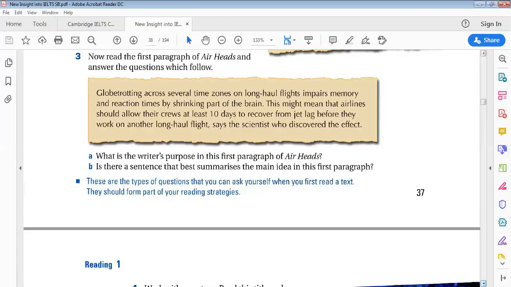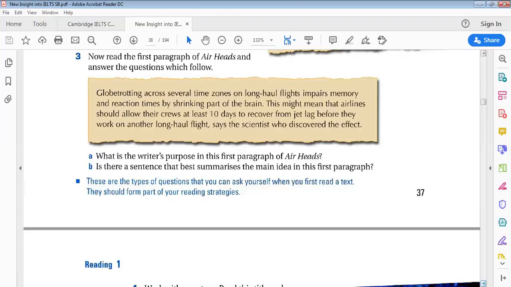There are types of questions that you can ask yourself. So the first sentence summarizes the main idea. Flying across several times improves memory and reaction time by thinking part of the brain.